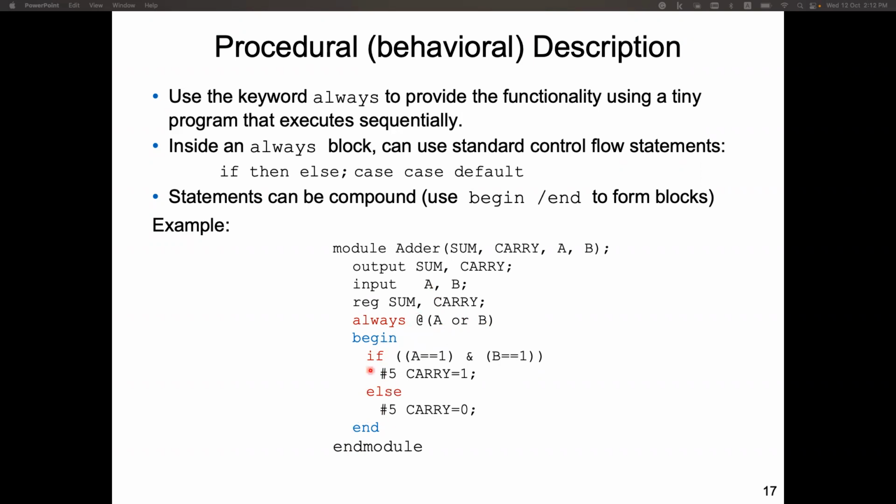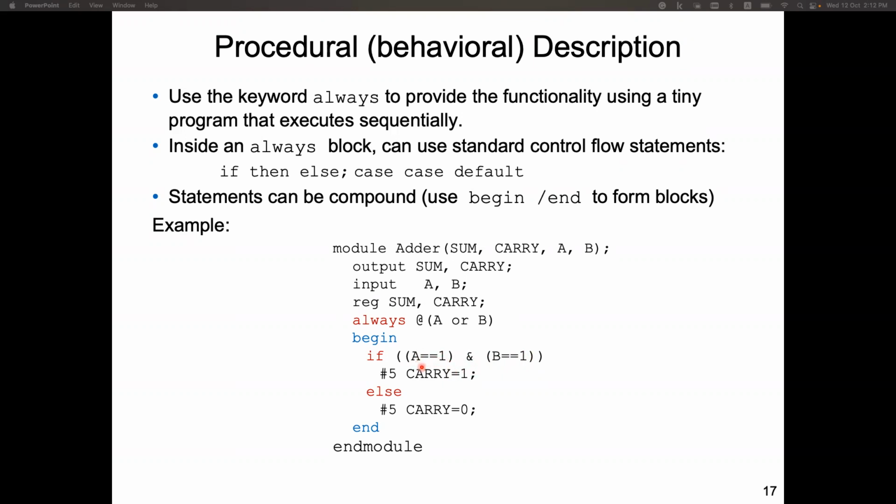Not like the usual programming language, say I check the input. Say if input A has a value of 1, and B has a value of 1, and A equals equals, two equal signs, to compare.